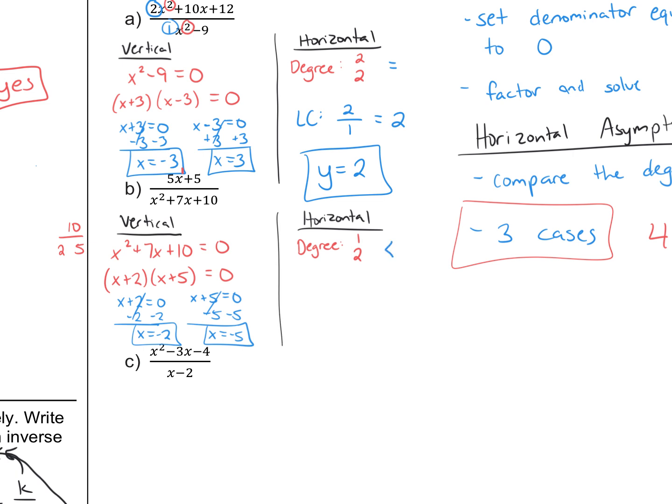What does your case say if the numerator is less than the denominator? y equals 0. Yep. If the numerator is less than the denominator, by one of your cases, y should equal 0. Okay.